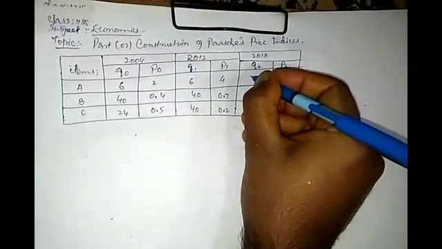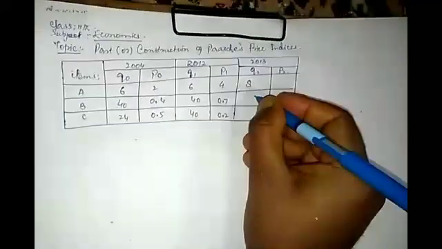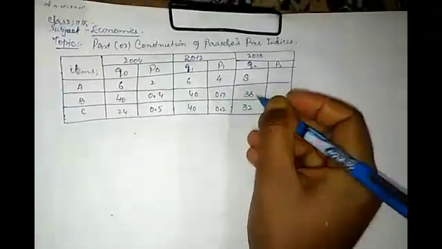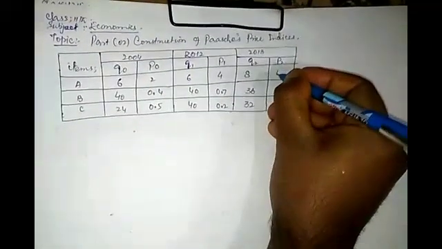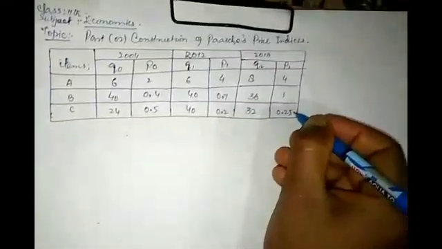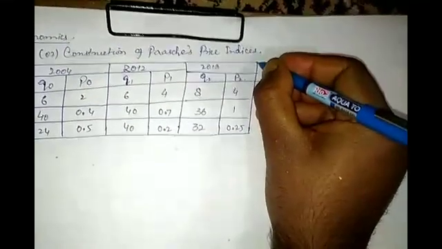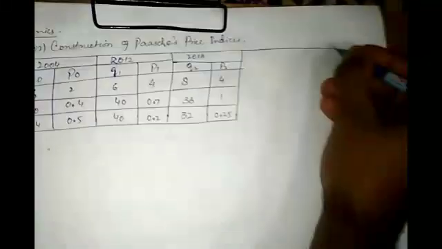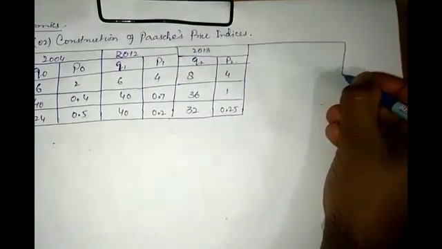Then we move to 2013 year, quantity is 8, 36 and 32. Then price is 4, 1 and 0.25. This is the data that we put on the page; it is given.